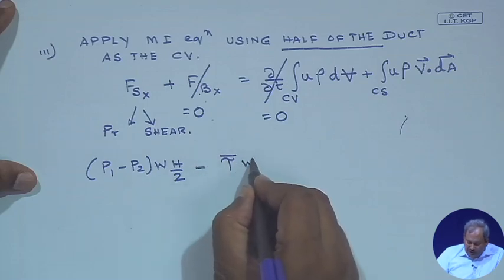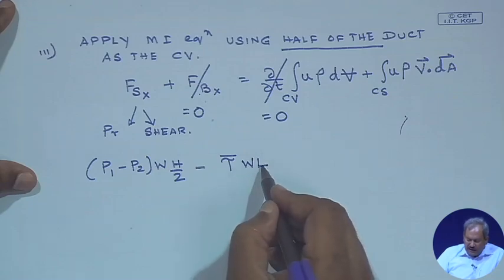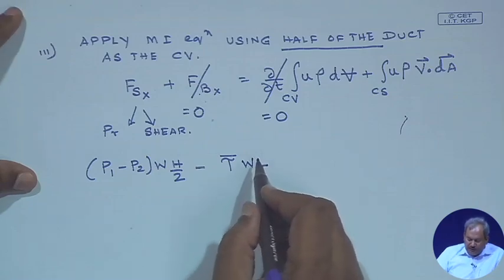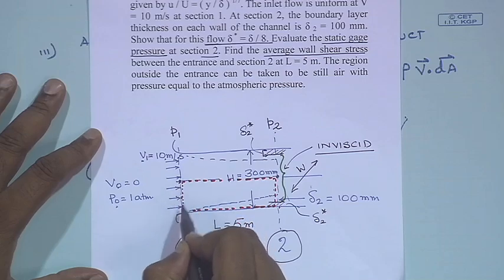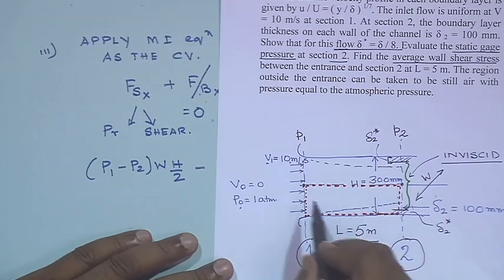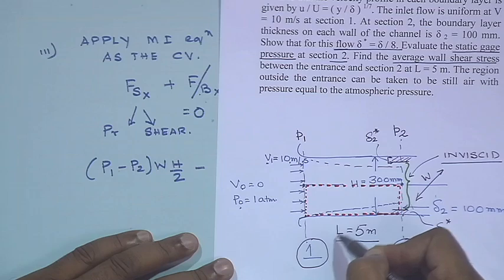It is working on an area W times L, where W is the width and L is the length. The area on which the pressure force is acting is the width multiplied by H by 2, whereas wall shear is acting on L times W.